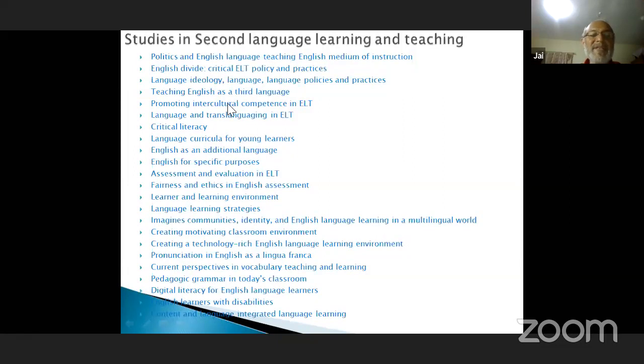So promoting intercultural competence in ELT, language and translanguaging in ELT, critical literacy, language curricula for young learners, English as an additional language, English for specific purposes, assessment and evaluation in ELT, fairness and ethics in English assessment.